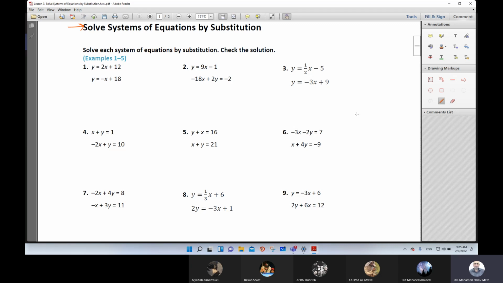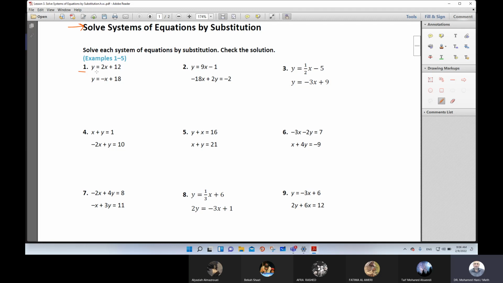If we have a common point between two lines, it means we have one solution. If the two lines are parallel, we don't have a common point between them, which means no solution. Now we want to do the same idea, but using the algebra method, the method of substitution. So listen to the first example.